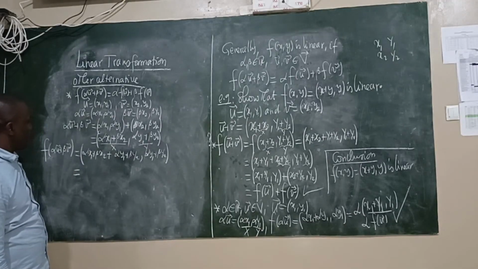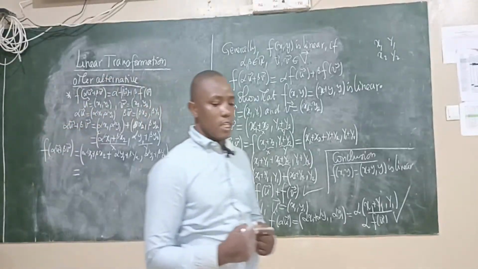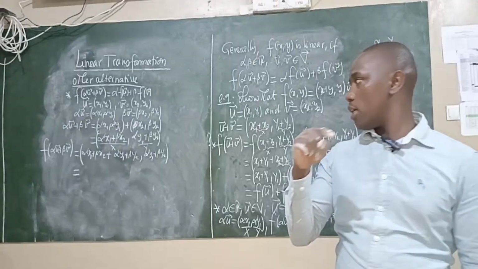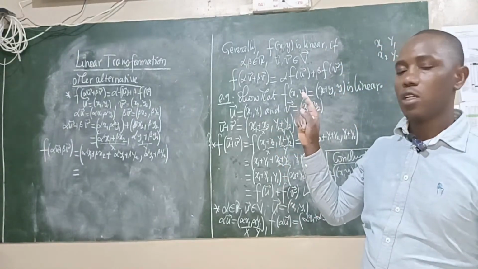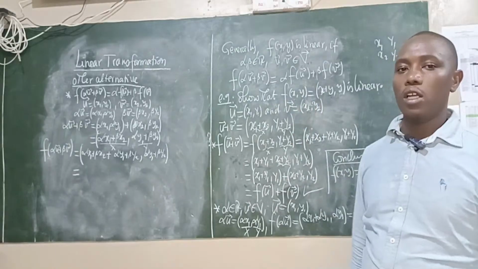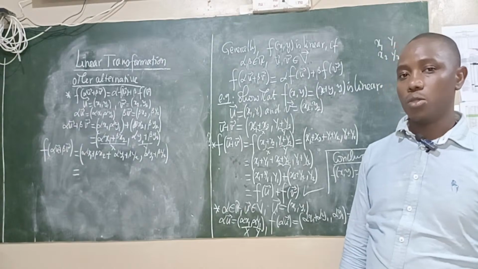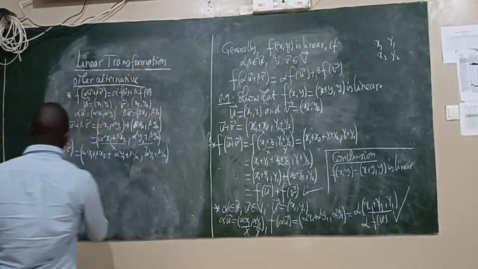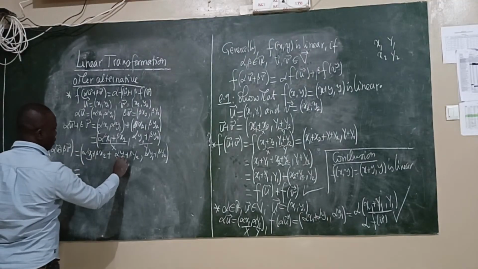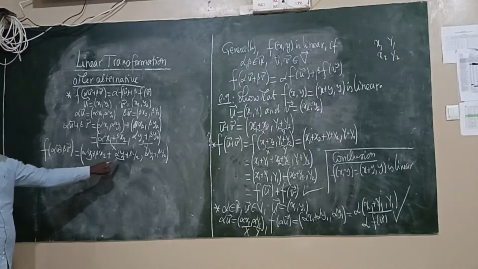Now, from the beginning, we said that we group terms that start with the same subscript. We have x1, x2, y1, y2. The subscripts I mean are 1 and 2. Now, we are going to group. This will be grouped with this because they all have subscript 1.